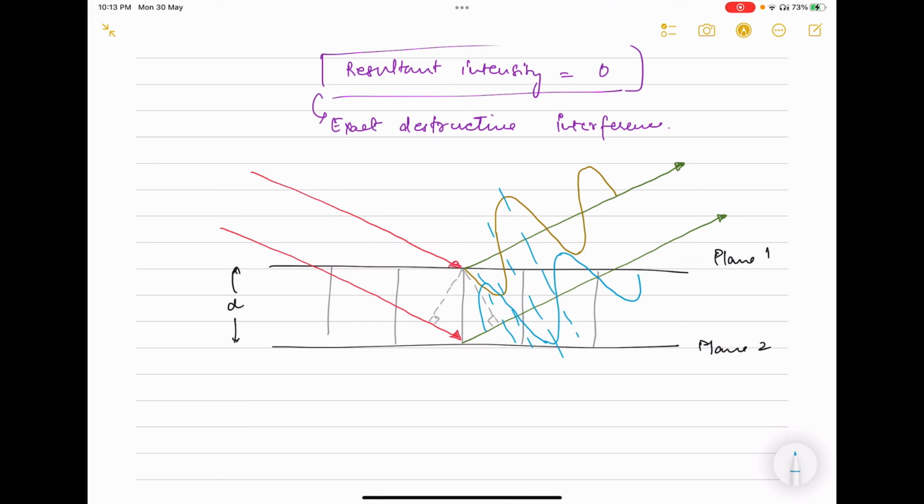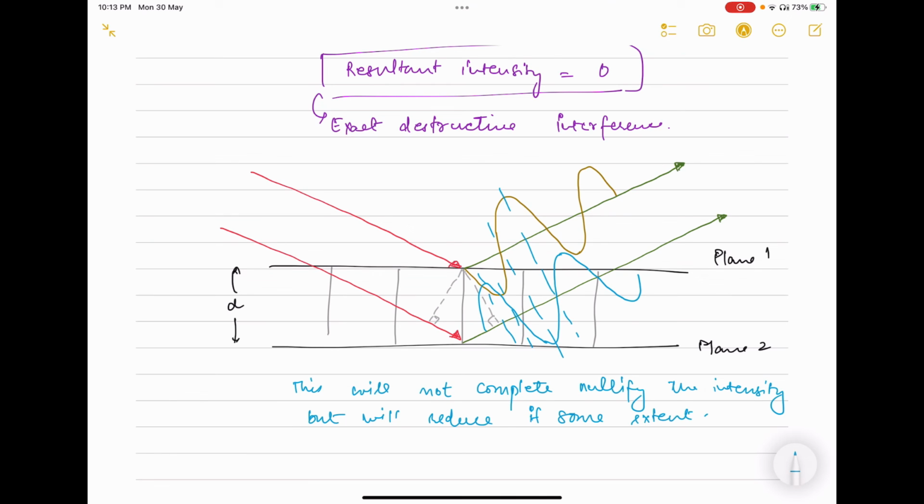So this will not completely nullify the intensity, but will reduce it to some extent. So this is also destructive interference, but not a complete one, a partial one.